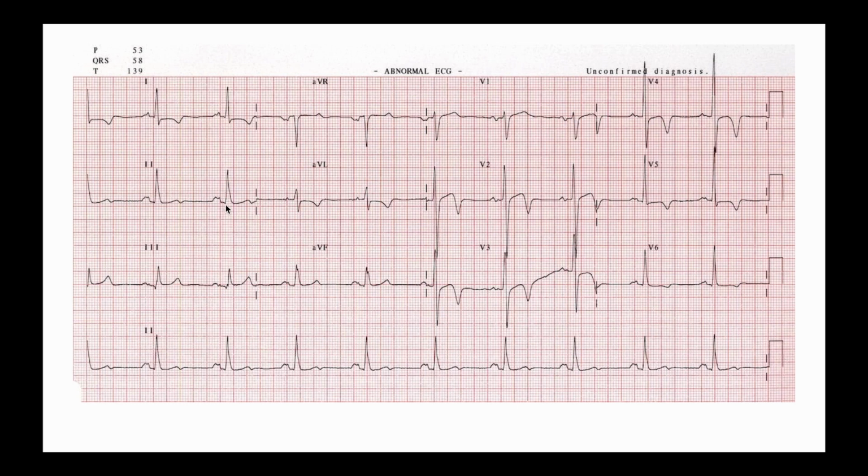And this left atrial enlargement, as I've explained, is because very little amount of blood enters the left atrium, and so very little amount of blood enters the left ventricle, and so the left atrium at any point in time contains a lot of blood than expected, and so it may cause its enlargement. So that is what we can find on this ECG, pointing towards hypertrophic cardiomyopathy.